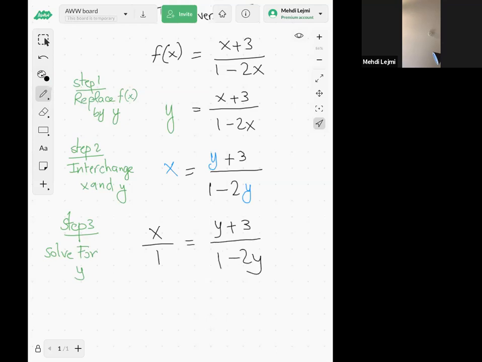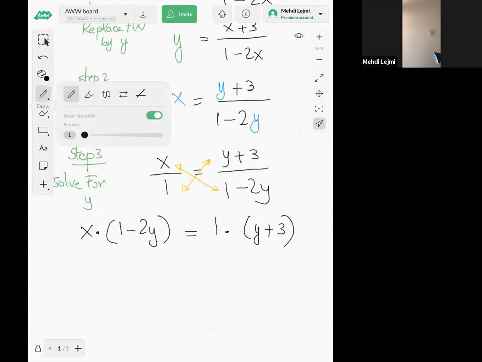So what we can do, guys, in this case, we have two equal fractions, so we can cross multiply. When you cross multiply, it means that x times 1 minus 2y is equal to 1 times y plus 3. Then you distribute: x times 1 is x, minus x times 2y is 2xy.